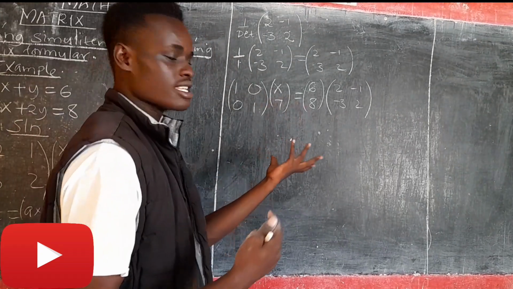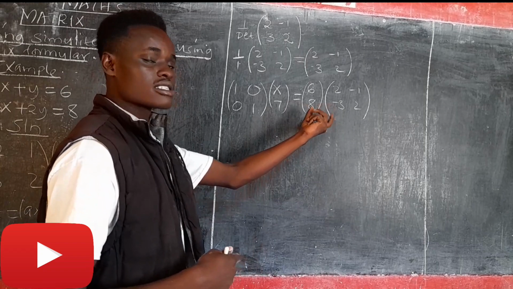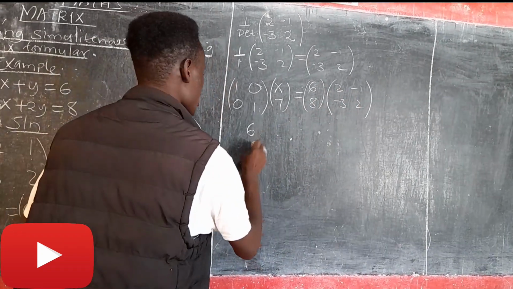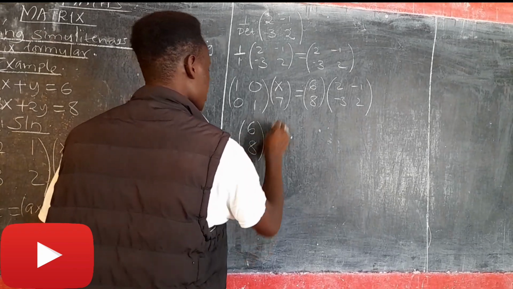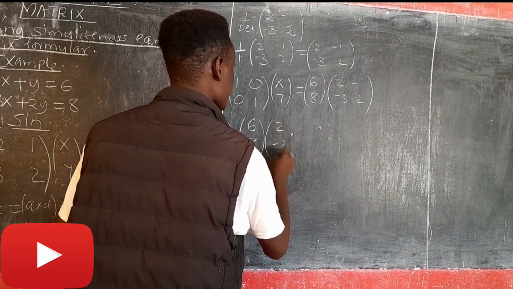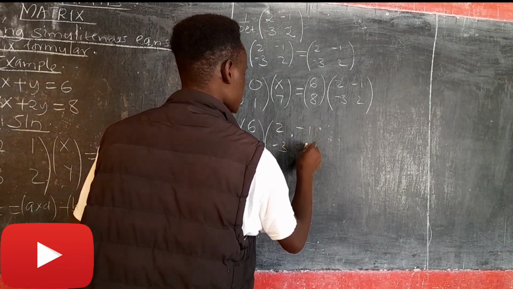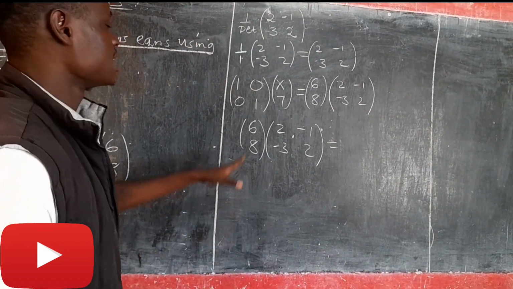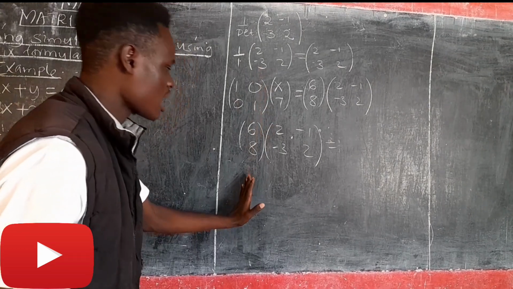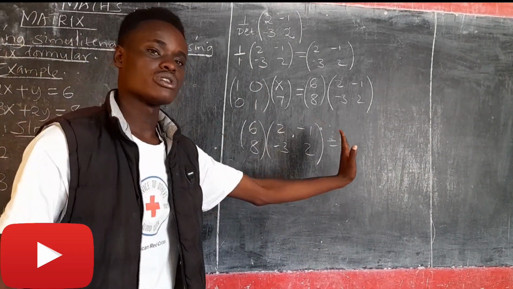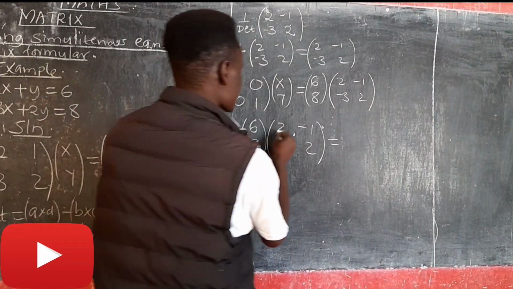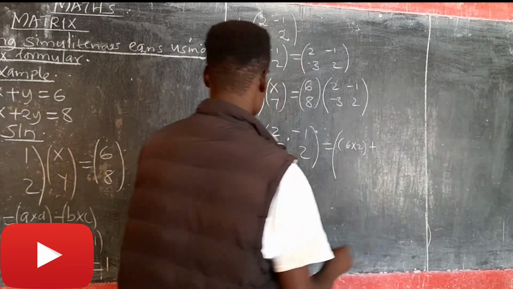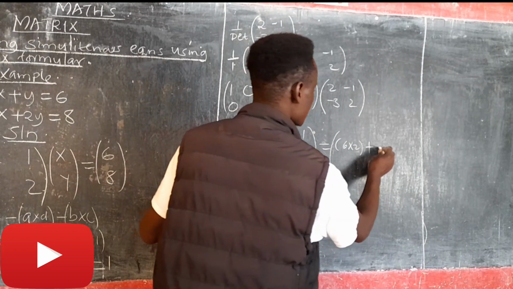Therefore, our main thing here is now to multiply this resultant of 6, 8 and the inverse. So we are going to have 6, 8. Then we multiply with the 2, negative 3, negative 1, 2. So we are going to multiply row by column. That is 6 times 2 plus 8 times negative 1.